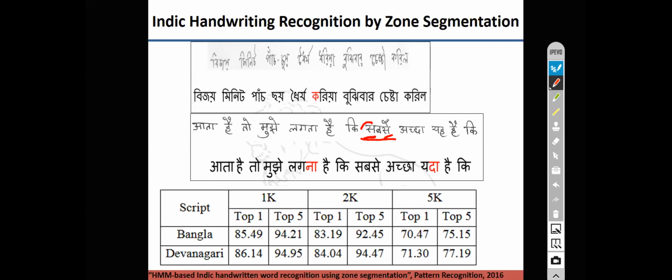Because of these different combinations in Indian scripts, the number of classes is huge. It can go to 400 to 500, because you have these half characters, vowels and consonants, and different combinations. So though the characters are the same, because of some modifiers, the number of characters will be huge.